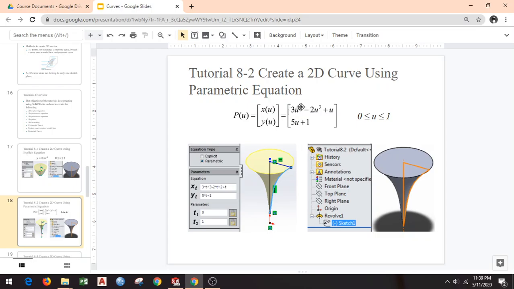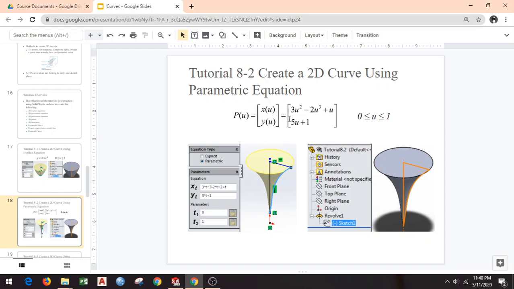It should be 3u cube minus 2u square plus u, and y of u is 5u plus 1, where the parameter u varies between 0 and 1. Now this is 2D. If it was a 3D curve, we would have a z of u, and there would be some equation for z coordinate as well. So we don't have that because this is a 2D curve.